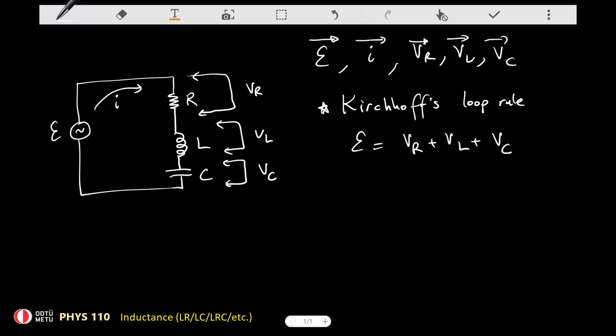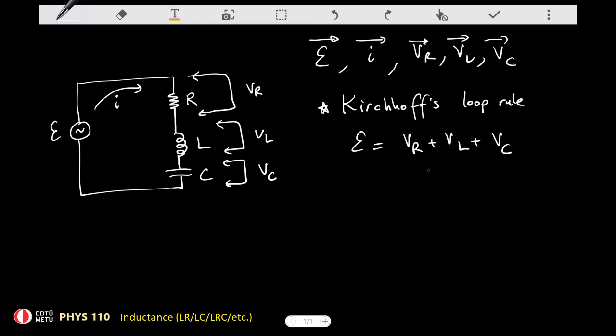This is a summation of time-dependent expressions. Each of these is an amplitude multiplied with cosine of omega t plus a phase, where the amplitudes and the phases are different. This is the part where handling the trigonometric functions is much more difficult than using the phasor diagram. That's why we need the phasor diagram.